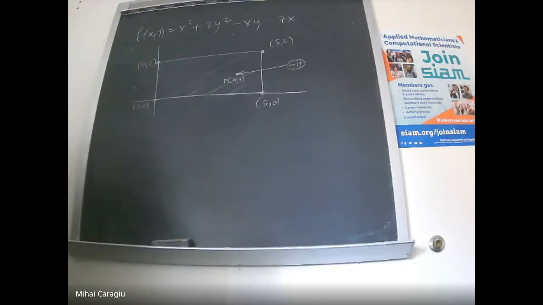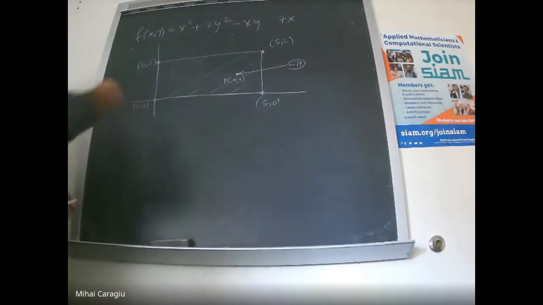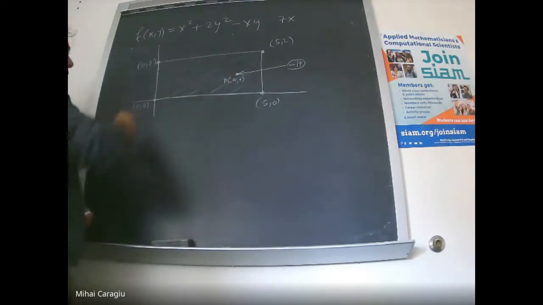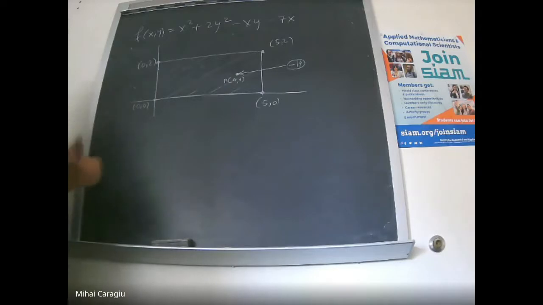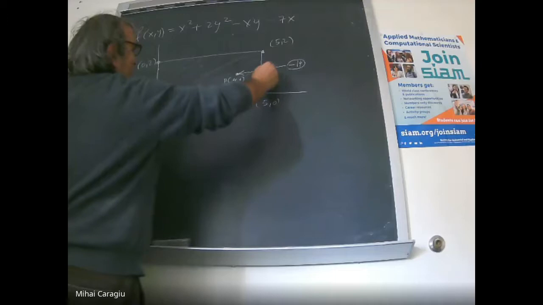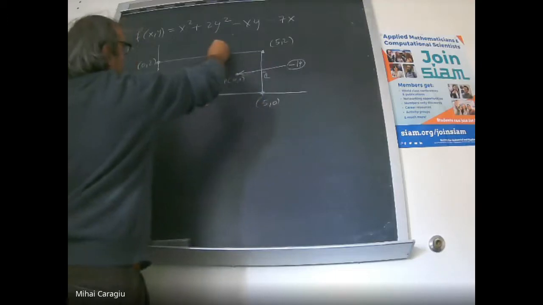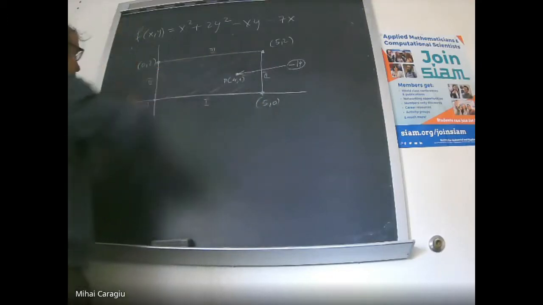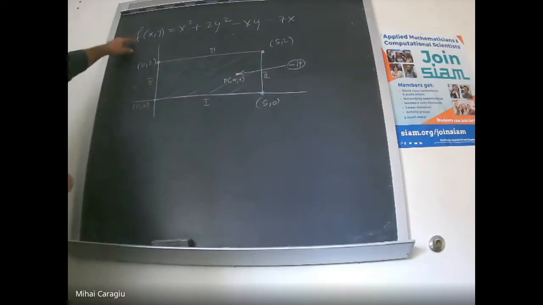Now let's concentrate along the boundary. The boundary of this compact domain is the boundary of a rectangle, so it consists of four segments. Let's mark those segments 1, 2, 3, and 4. Remember the function f of x, y.